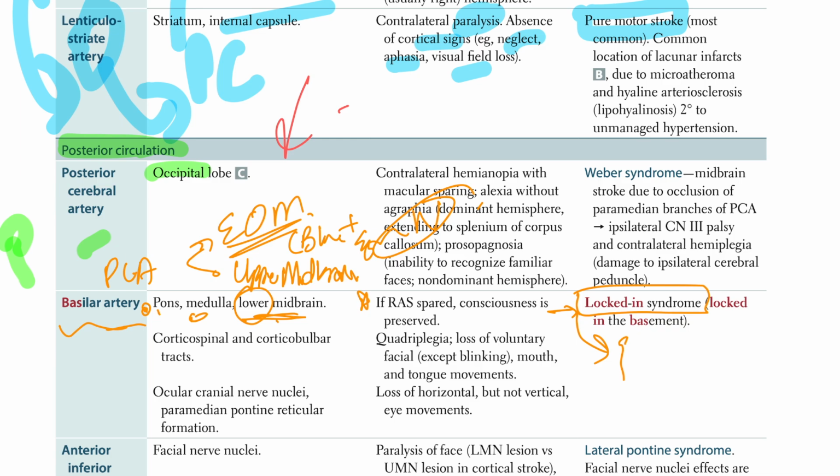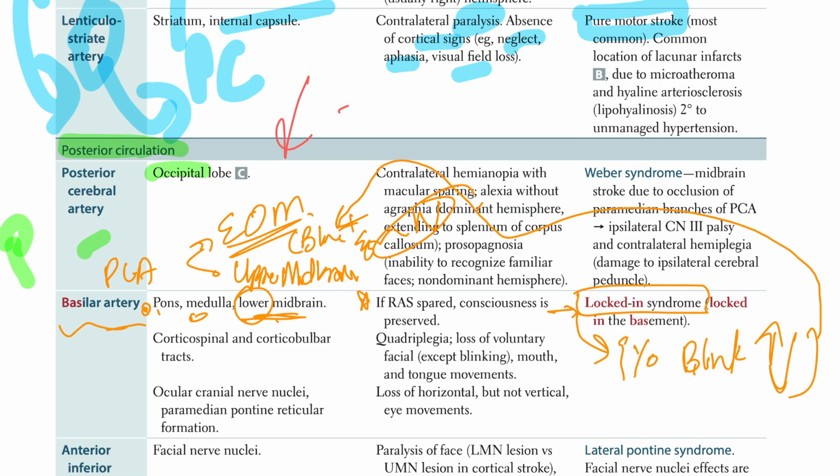Let me just write it here. What you can do only is blink and look up and down. And why is this important? Because these functions are from the upper midbrain. So in the locked-in syndrome, the only functions that are there are that you will only be able to look up and down and blink, nothing else.